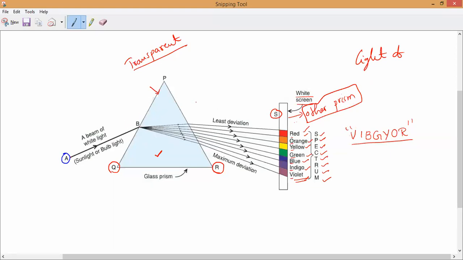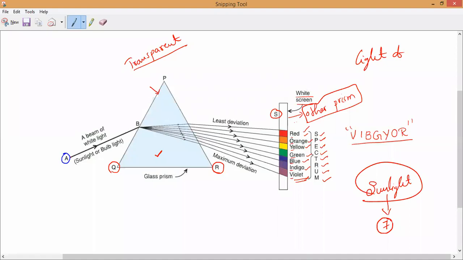A similar band of seven colors is produced when a beam of white light from an electric bulb is used also. If you take sunlight, we will basically form the spectrum with the help of sunlight, because sunlight is a major source of light. It is made up of how many colors?